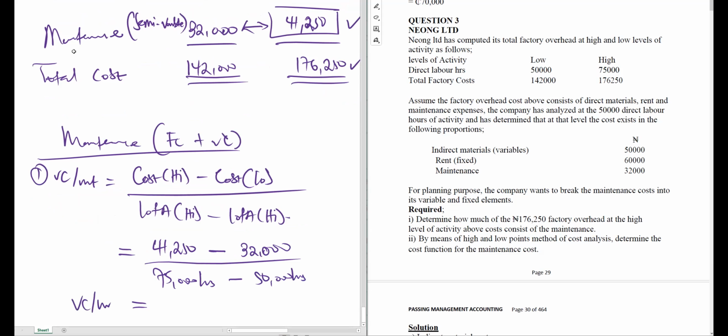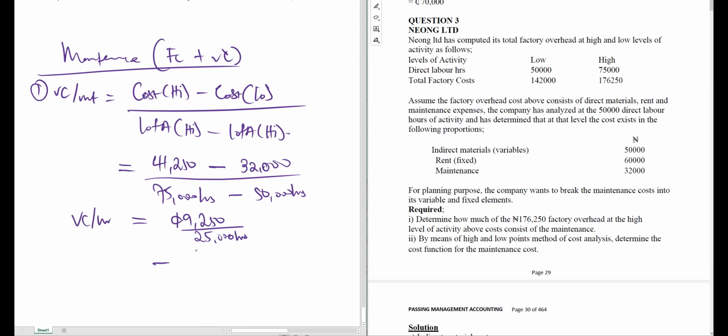Variable cost per labor hour is how much? That's 9,250 over 25,000 hours, right? Understood? So that gives us what? That was 0.37.